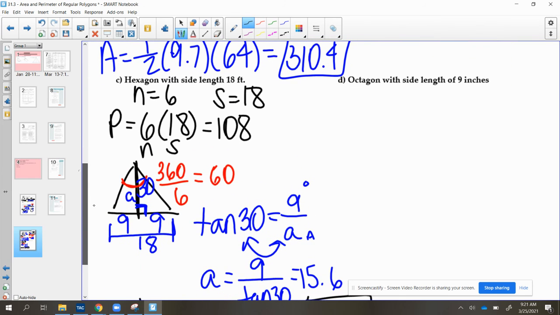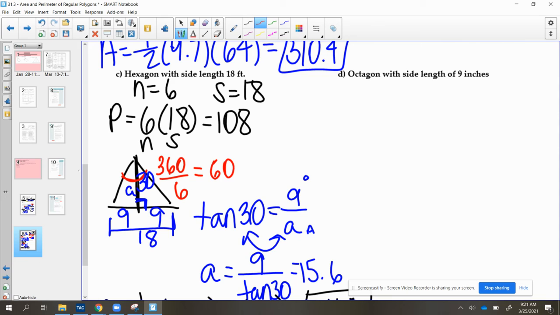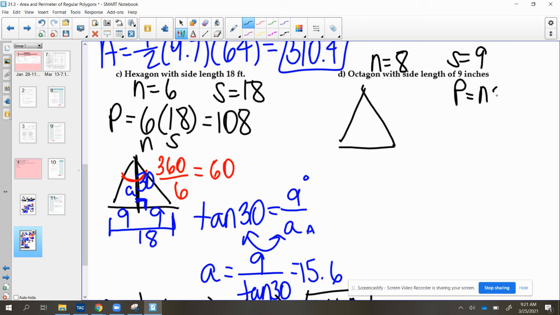All right, last but not least, we have an octagon with a side length of 9 inches, okay? So again, an octagon has 8 sides. Side length is 9. Perimeter equals n times s. 8 times 9 is 72, okay?